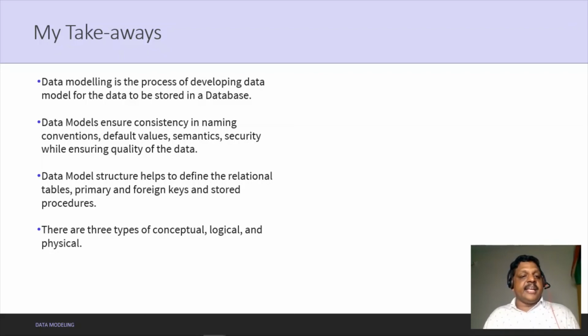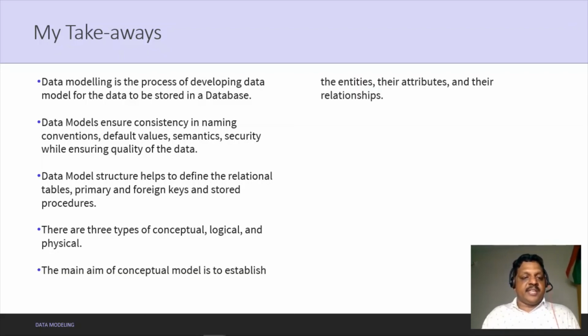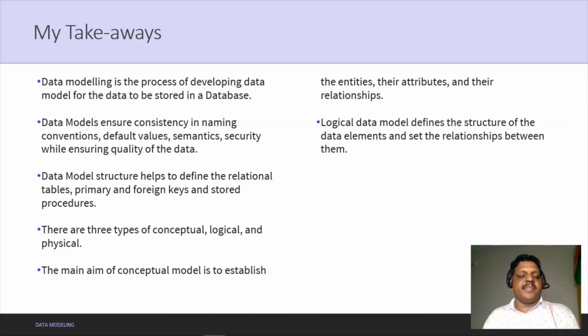There are three types of data models: conceptual, logical, and physical. The main aim of conceptual model is to establish the entities, attributes, and their relationship. Logical data model defines the structure of the data elements and set the relationship between them. A physical data model describes the database.